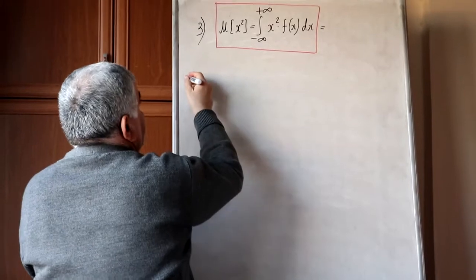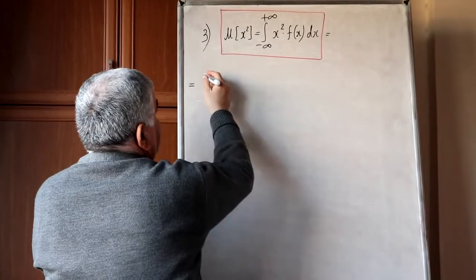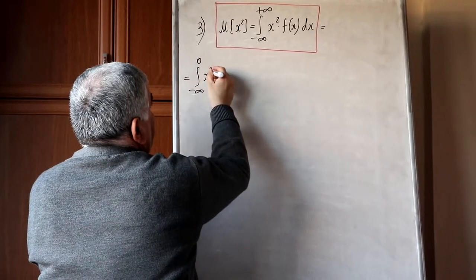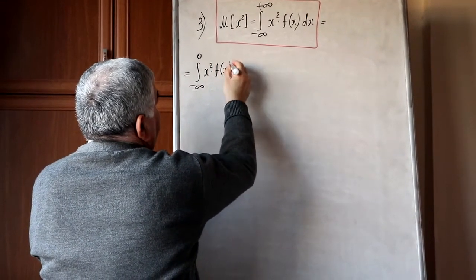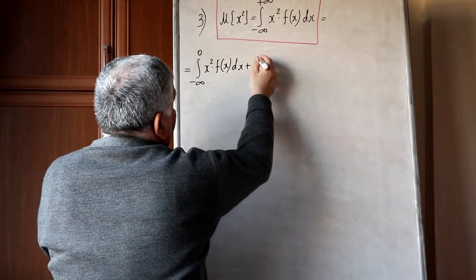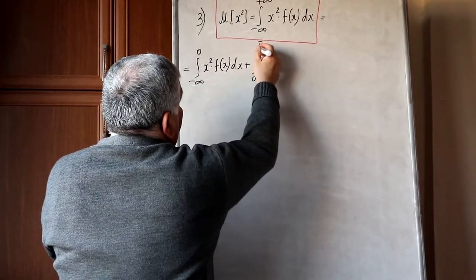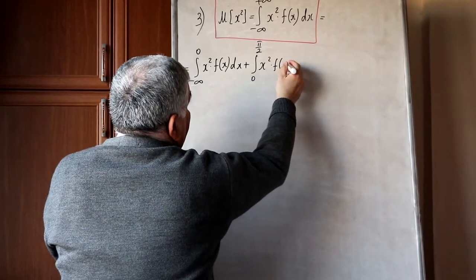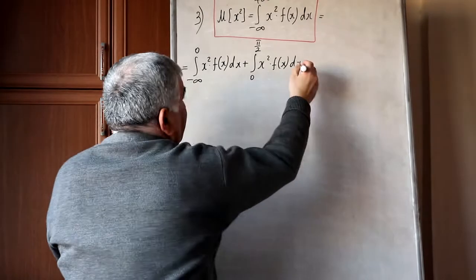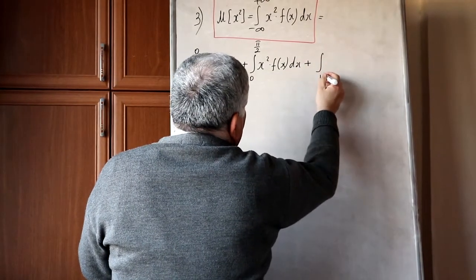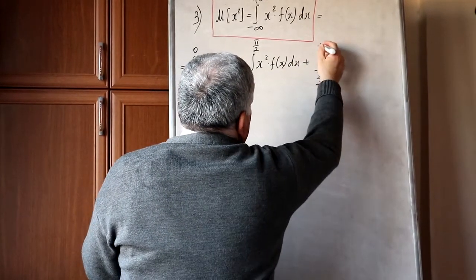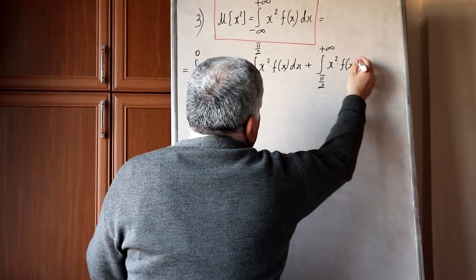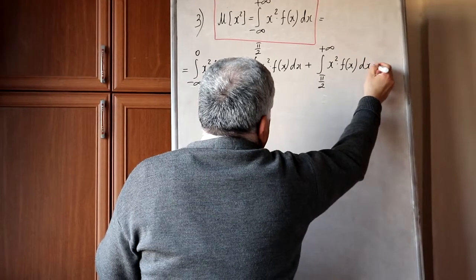Then again separate this integral into three integrals. Integral from minus infinity to 0 of x squared f(x) dx, plus integral from 0 to pi in half of x squared multiplied by f(x) dx, and plus integral from pi in half to plus infinity of x squared multiplied by f(x) dx equals.